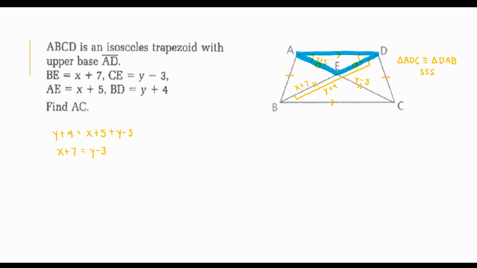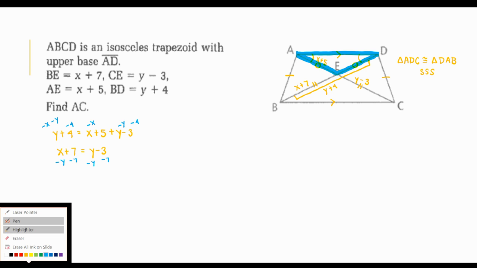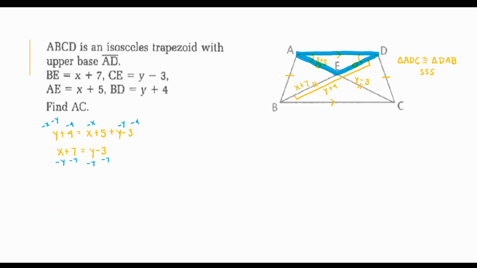All right, so now I have my two equations, and now I can start solving. So I'm going to fix the top equation where I'm going to subtract an x, subtract a y, and subtract the 4. And then in the bottom, I can subtract the y and subtract the 7. Oops, that's not what I wanted. All right, if you look at the top, the y's are going to cancel out. So that really gives us a negative x to equal 5 minus 3 minus 4.